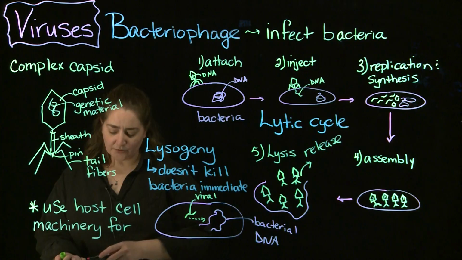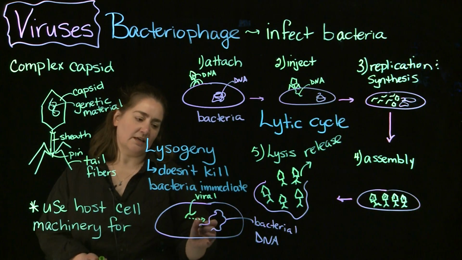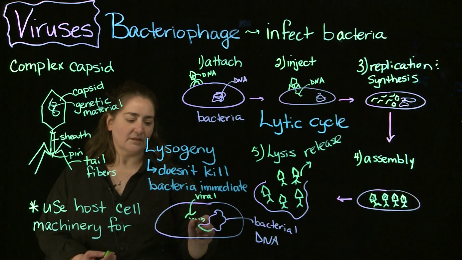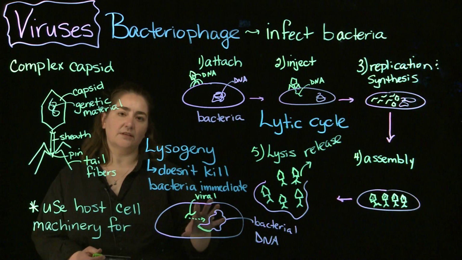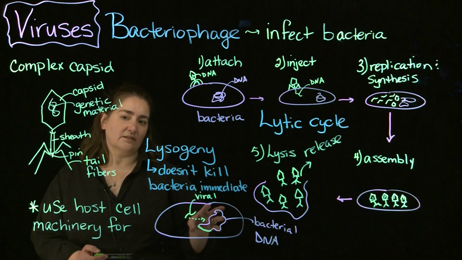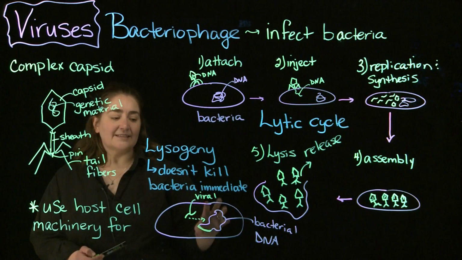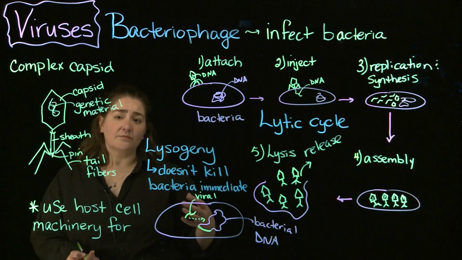So you aren't going to lose any of the bacterial DNA, but now that's in green, that viral DNA incorporates itself into the bacterial genome. And it sits there silently, all right, until the environment changes or something happens.